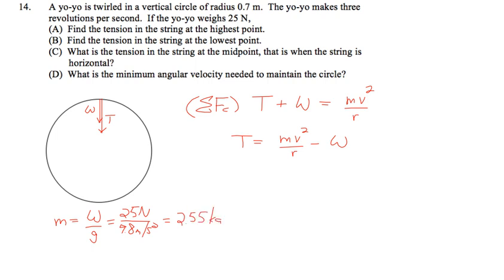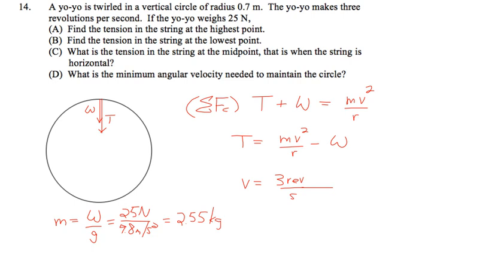So that's one of the things we need. And then we also need the V. So the V, my starting point, is 3 revolutions per second. The yo-yo makes 3 revolutions per second, so that's my starting point, even though that is not a velocity. That's an angular velocity.